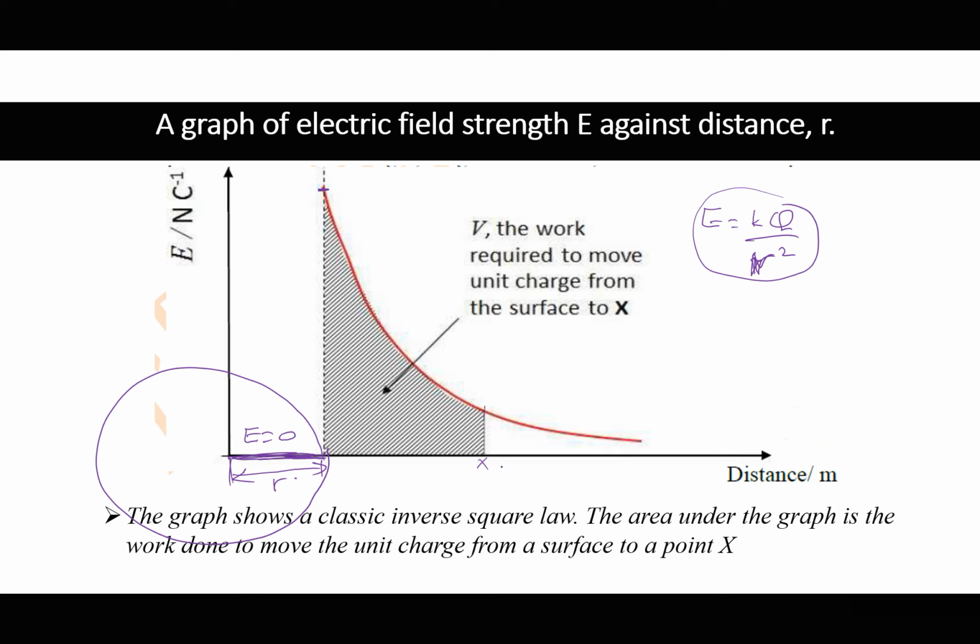The work done to move a unit charge from the surface to a certain point is given by the area under the graph. Note that I have mentioned E is a vector quantity. The resultant electric field strength is obtained by vector methods, as we have seen with the force.